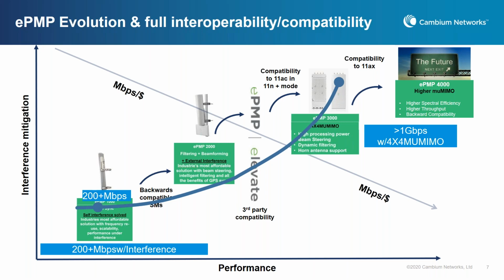Then about a year ago, we introduced the ePMP 3000, which is our 4x4 MU-MIMO platform. It does over a gigabit per second and also brings along all of those things that we had in Gen 1 and Gen 2, and provides that compatibility back, so any SMs that you had already deployed can interoperate with the 3000.